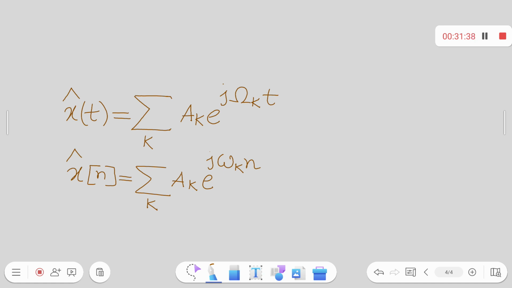It can be aperiodic also. So I can have two types of signals: periodic and aperiodic. Your x of t can be periodic or aperiodic, continuous time or discrete time, x of n. Accordingly, you have four different combinations: continuous periodic, continuous aperiodic, discrete periodic, and discrete aperiodic.